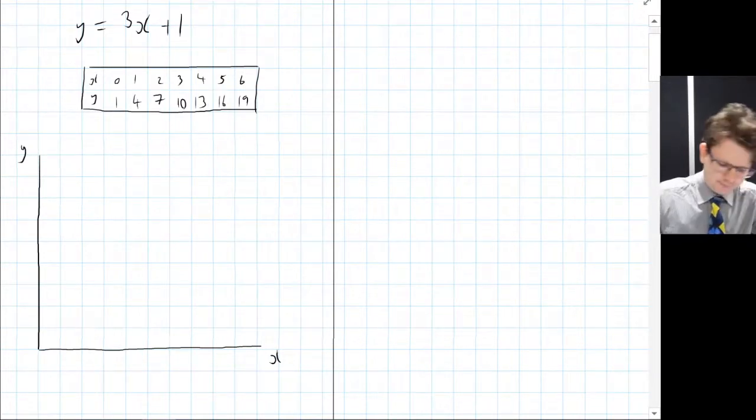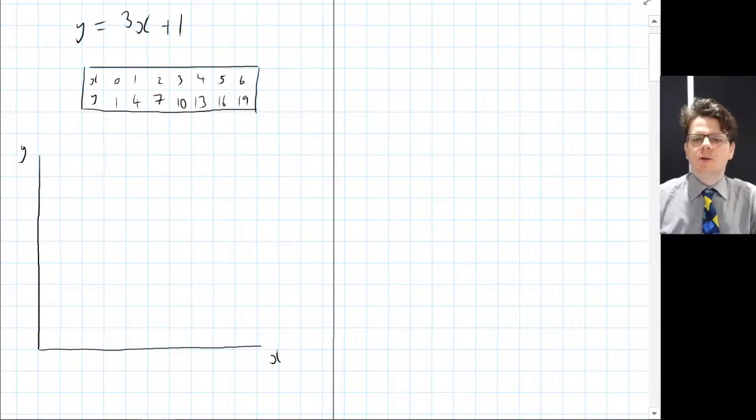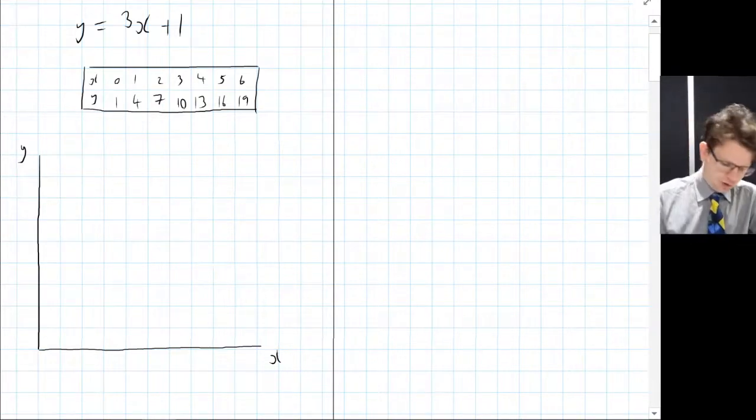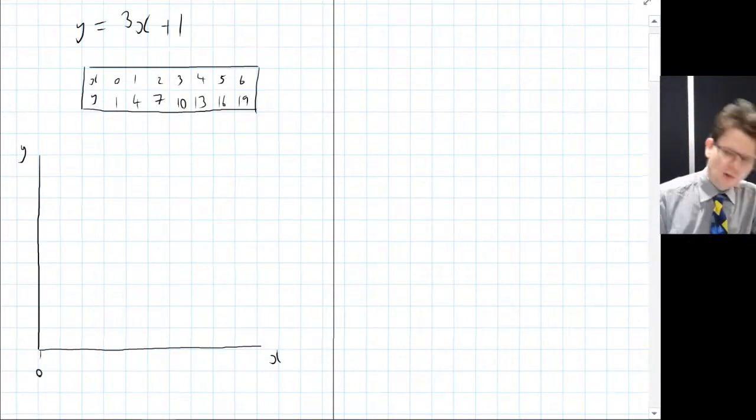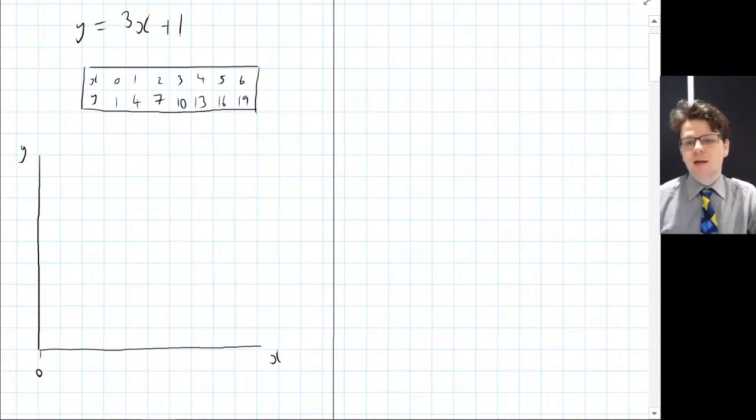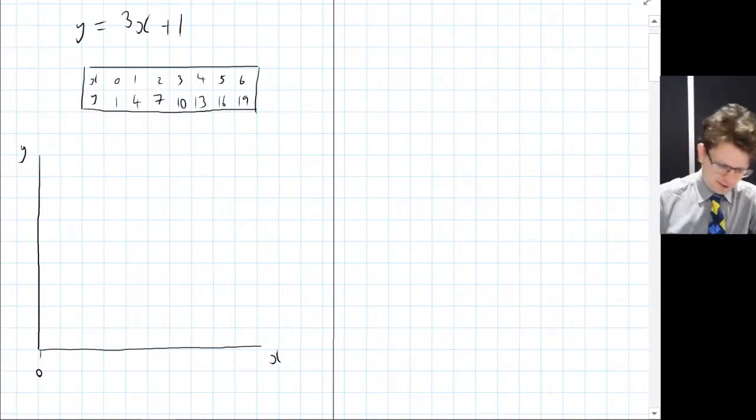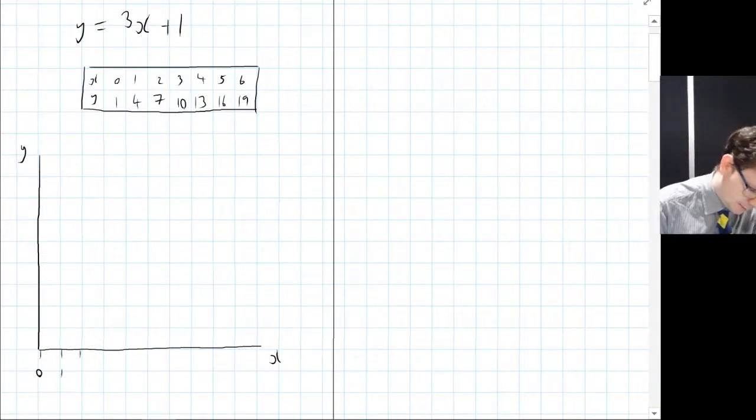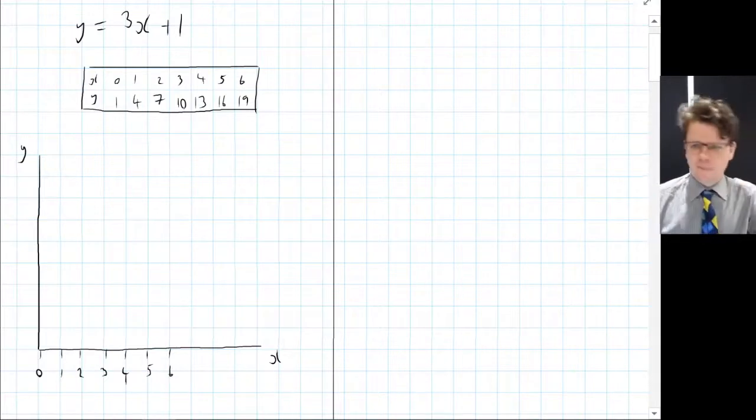Y is up here. Now I have to look at my x values. What's the smallest x value I have? 0. Obviously 0 lives there. And so now I need to get up to 6. Okay, that's not too difficult. 0, 1, 2, 3, 4, 5, 6. Alrighty, so that was nice and easy. Now let's do the y-axis.